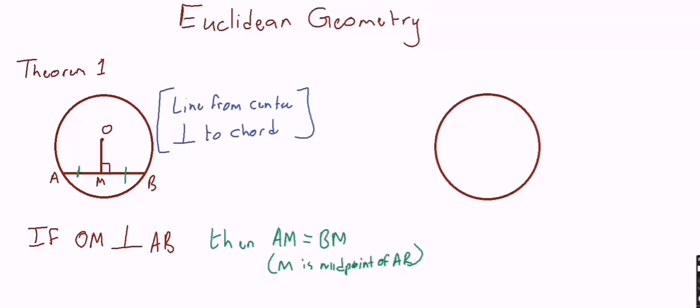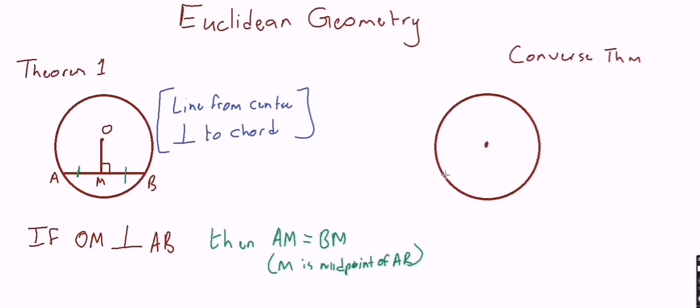We've got the converse of Theorem 1. I'll call this converse. So converse means reverse. So we've got a converse of Theorem 1, right? Where now I'm given the line from center, yes, and I'm also given a chord.